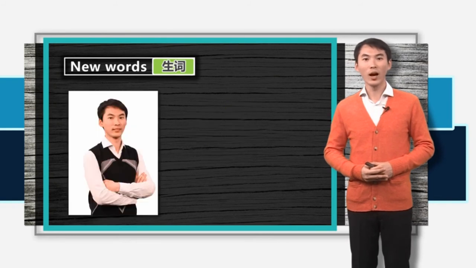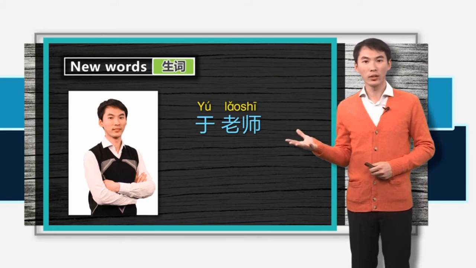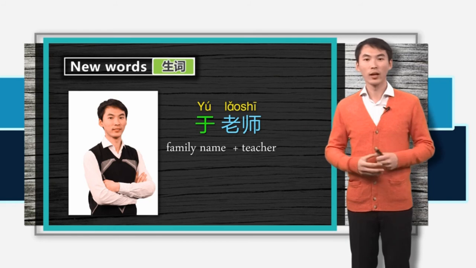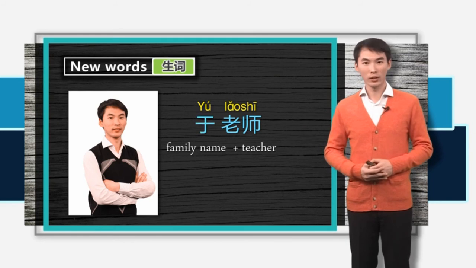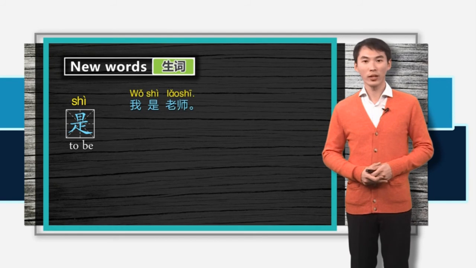Okay, 我叫于淼, so you can call me 于老师. 于 is the teacher's family name and 老师 together. So, 于老师. 再读一遍. 于老师. 是 to be. 跟我读是. So, I am a teacher.